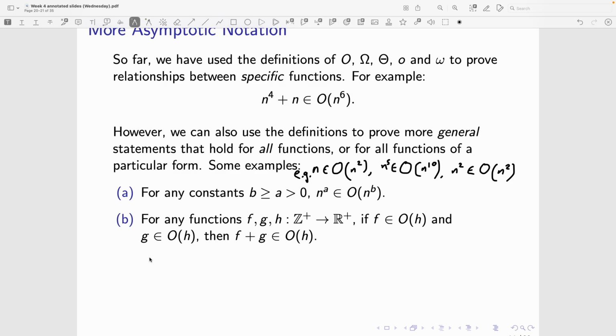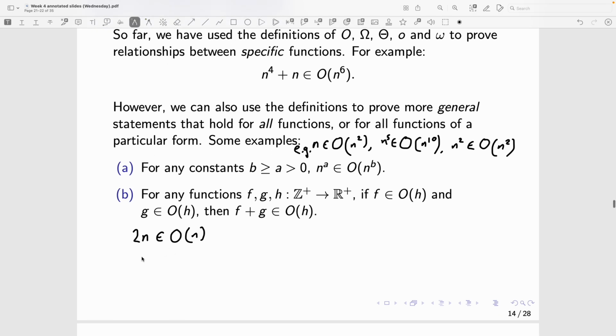So for example, 2n is in O of n. 1 is in O of n. Be careful about this. This isn't necessarily the number 1, but it's actually the function that returns 1 no matter what n you give it.